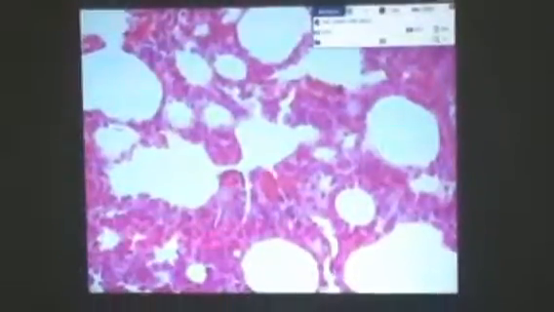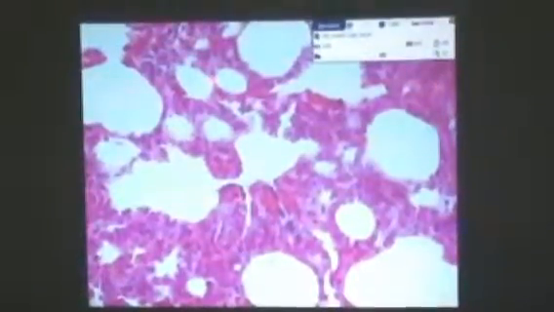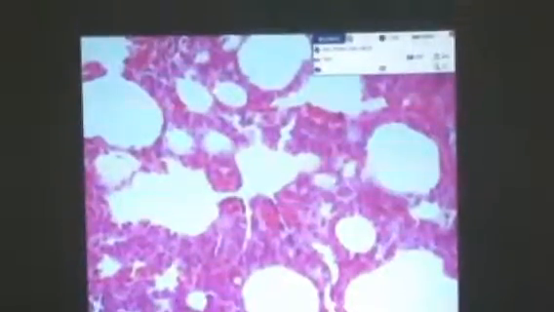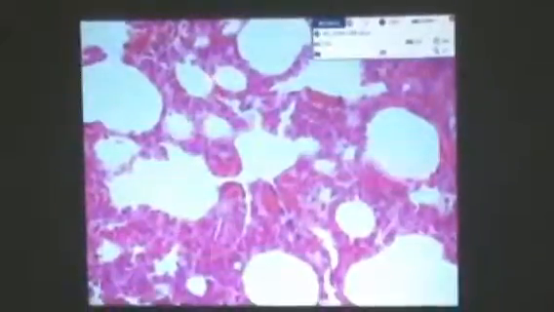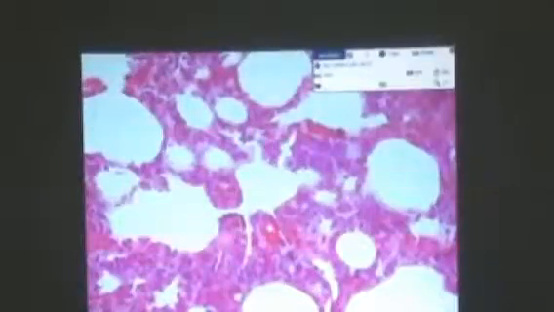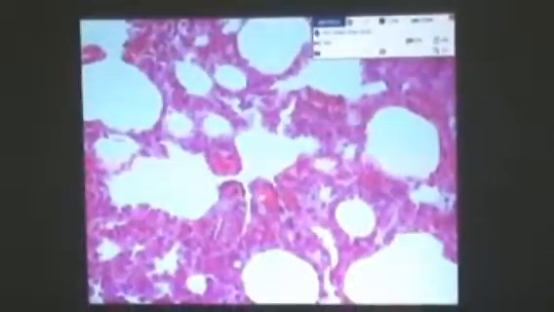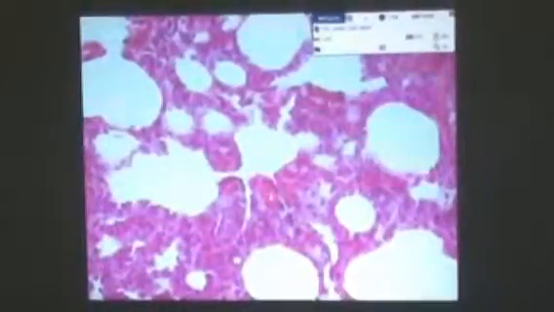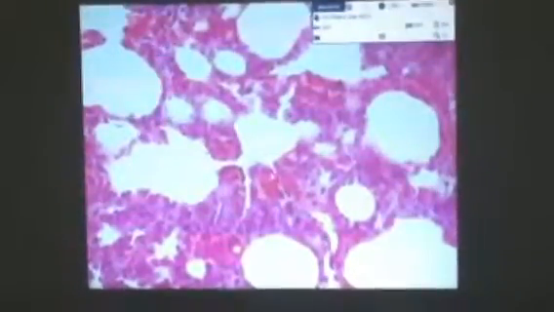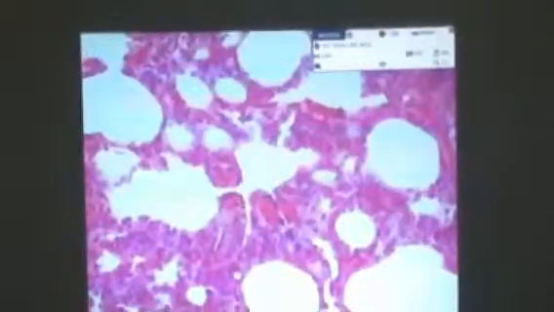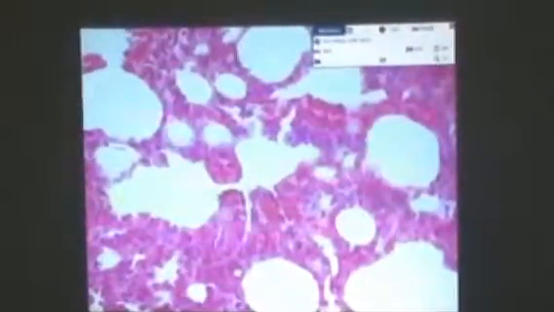So, the lining epithelium of the alveoli will be the same, simple squamous epithelium. However, there are no more smooth muscles in the wall of the alveoli. The smooth muscles will be present only in the alveolar ducts, which are covered by the simple squamous epithelium.